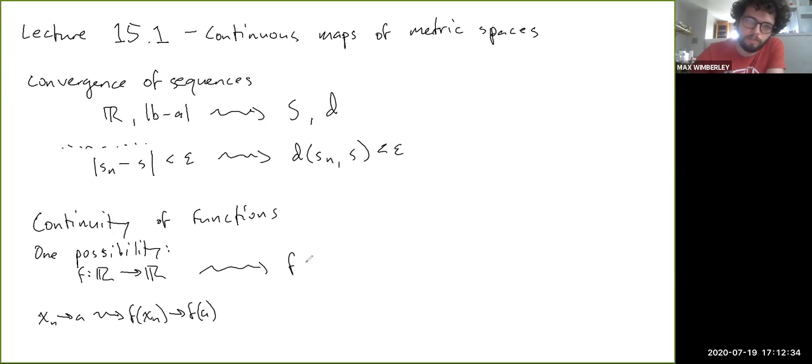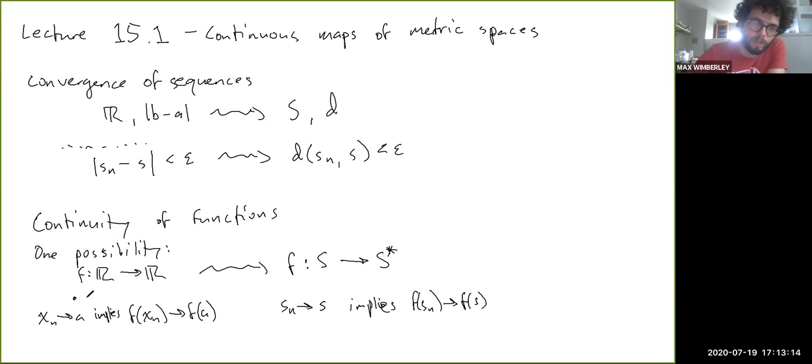Now what we would like to do is generalize it to functions that map one metric space to another metric space. So S and S star are now metric spaces with their own metrics D and D star. I should be careful with the squiggly arrow: what we were saying is this implies this. So in this case, we could just say Sn approaching S implies f(Sn) approaching f(S).